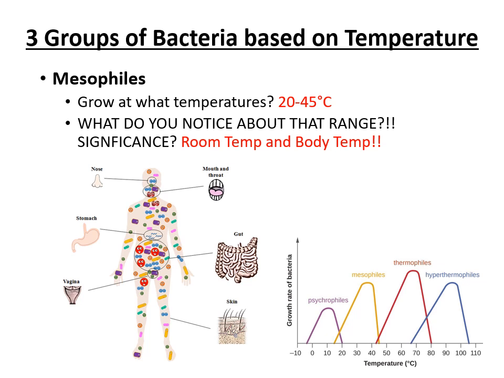Within that range, the 20 degree Celsius temperature is room temperature. 37 degrees Celsius is in there. That's body temperature. So if you think about it, mesophiles are going to thrive at room temperature and body temperature. So these are the bacteria that can easily be human pathogens. The bulk of human pathogens will be mesophiles.